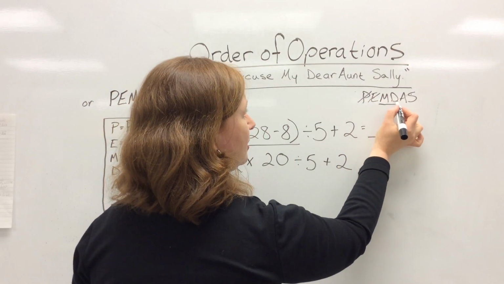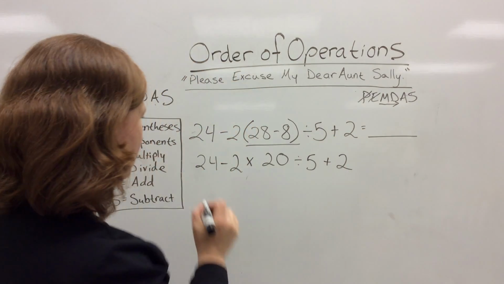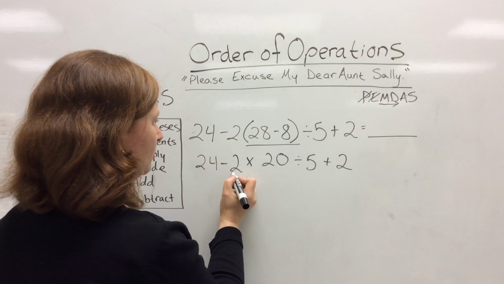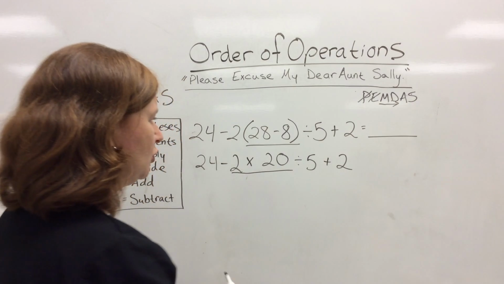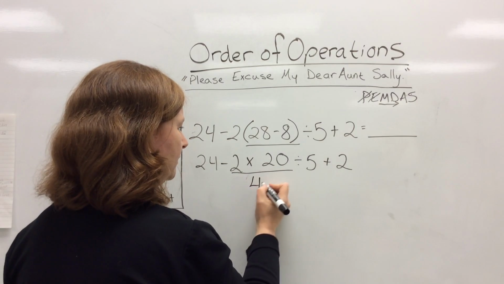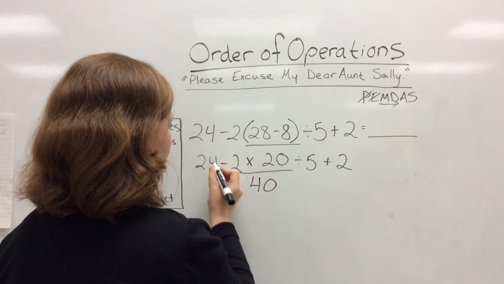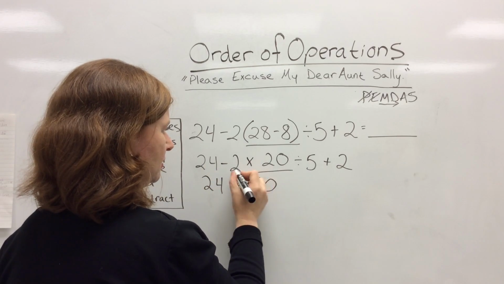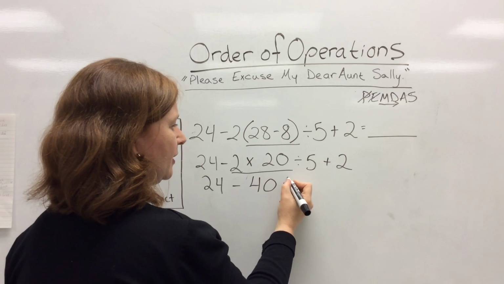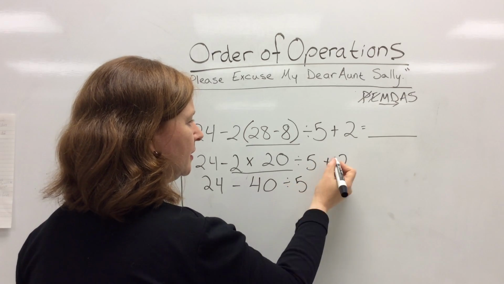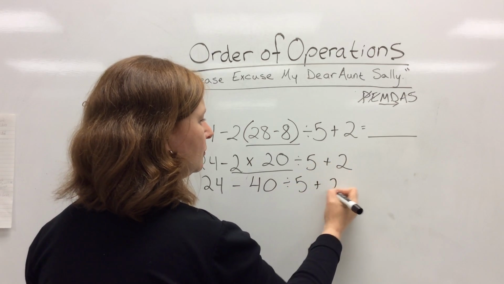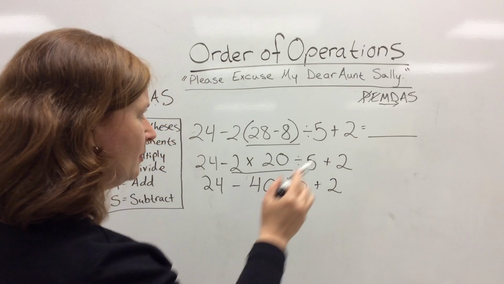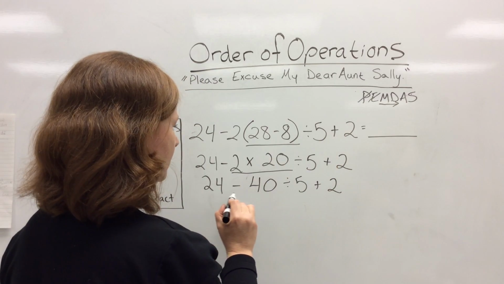Multiplication and division in a group, moving left to right. Moving left to right, oh, multiplication. 2 times 20 is 40. Bring everything else down. 24 minus, I used those, divided by 5 plus 2. All right, any more multiplication or division?